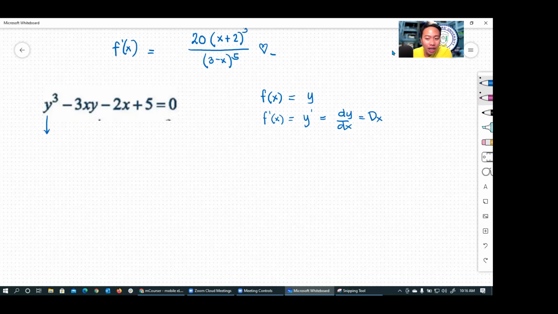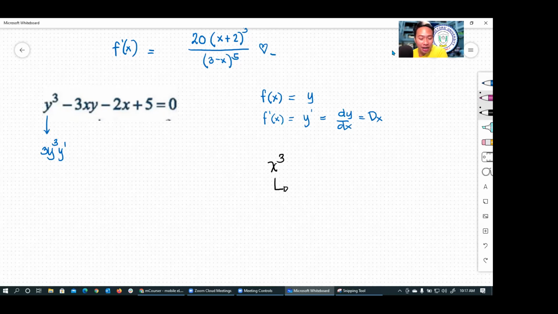The derivative of y cubed, guys, is 3y squared y prime. What happens to y prime there? Let me mimic the same example with a different variable. What's the derivative of x cubed? How do you do this?